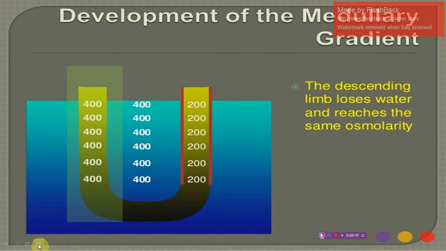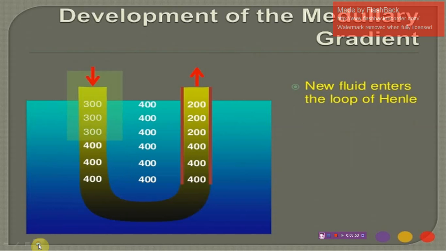The descending limb loses water and reaches the same osmolarity. Now again, fluid of 300 milliosmol per liter is entering the descending limb of loop of Henle.